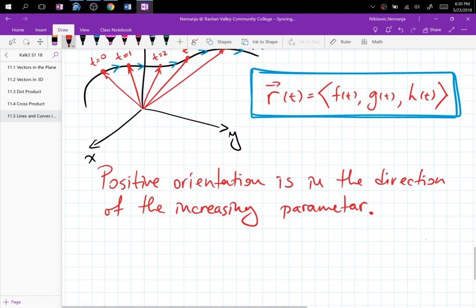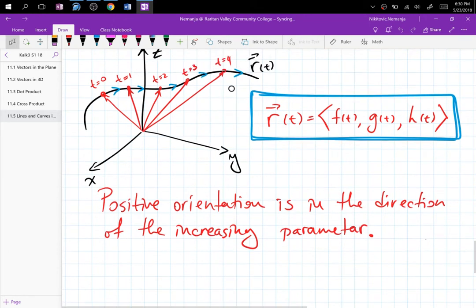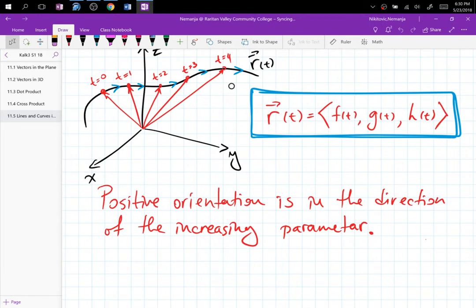So our parameter t can start at 0, which is 0 time, and then tick 1, 2, 3, 4. As you draw the vectors, they are going to go one way or the other way, whichever way they go as the progression 0 through 1 through 3 and 4 goes, that's the orientation of the line.